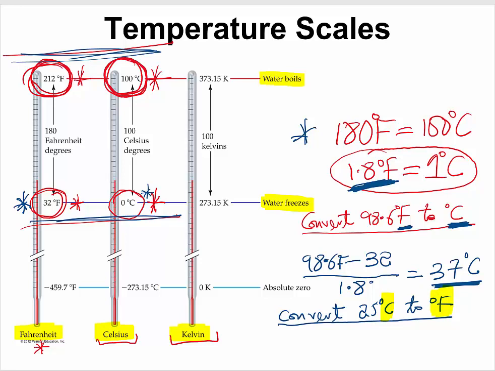And how big? Well, the very first thing to do is to multiply the 25 degrees Celsius by 1.8 and then add 32. This is exactly the opposite of what we did for conversion from degrees Fahrenheit to degrees Celsius. And this should give us 77 degrees Fahrenheit.